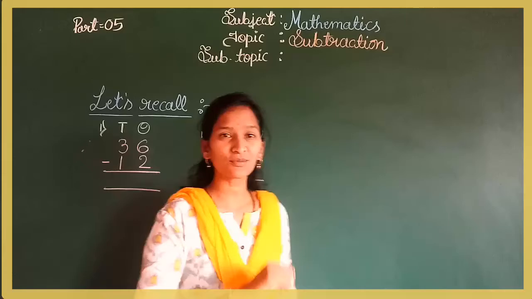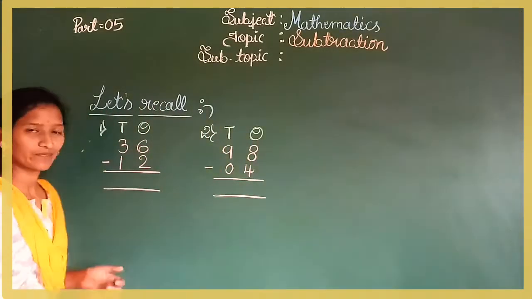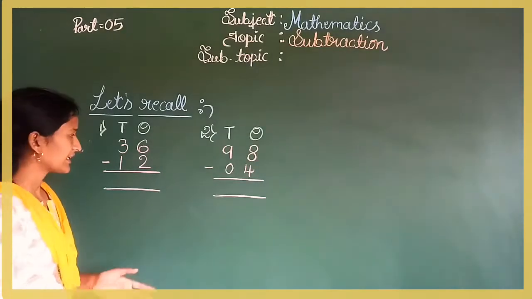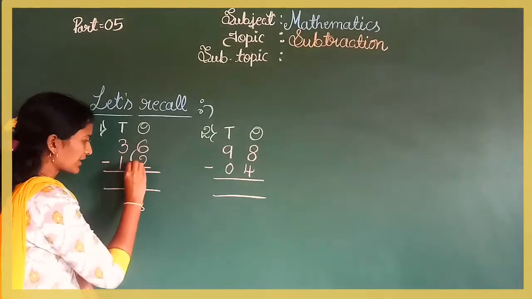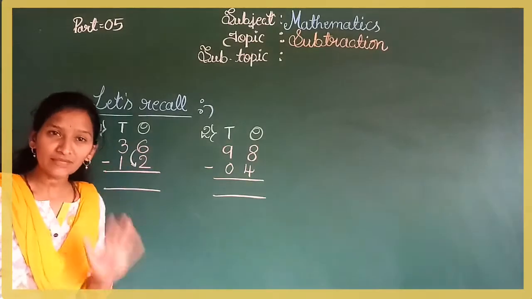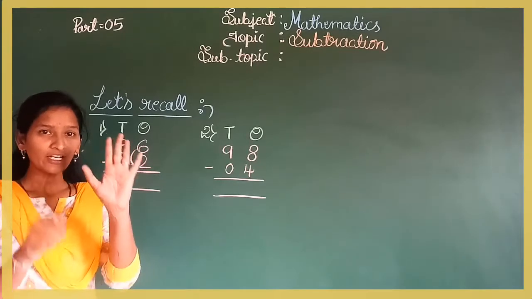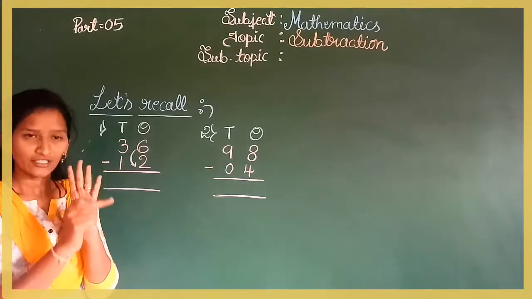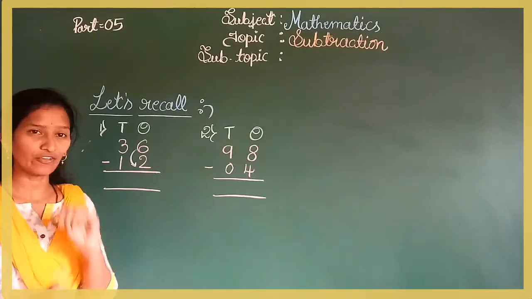So come to the first problem. It is 36 minus 12. Okay, come to the ones place. It is 6 minus 2. Yes children, what is 6 minus 2? In the number 6, you have to subtract 2. Look here, 1, 2. After removing 2, we are left with 1, 2, 3, 4 fingers.